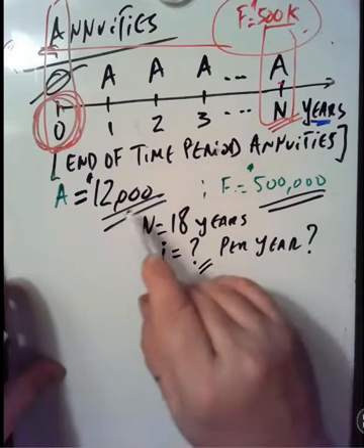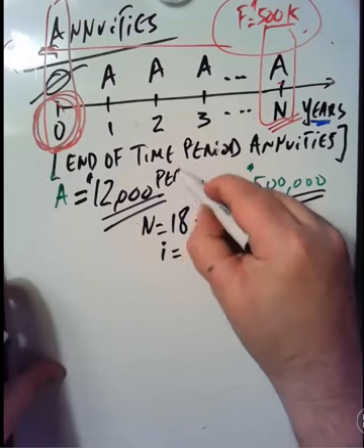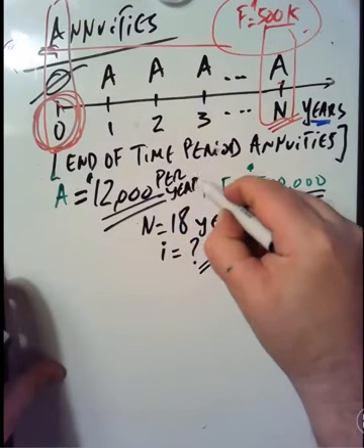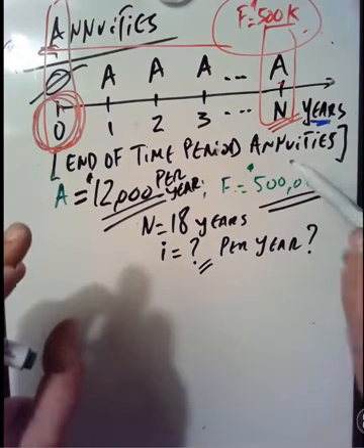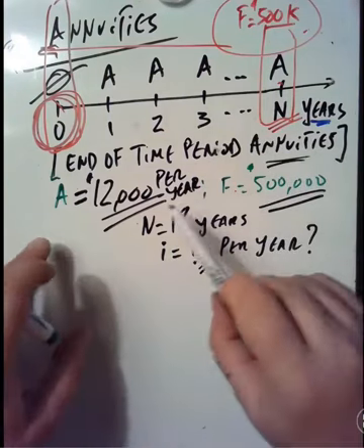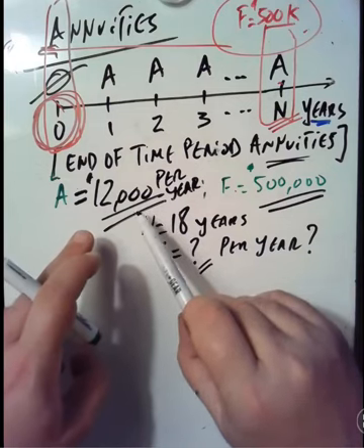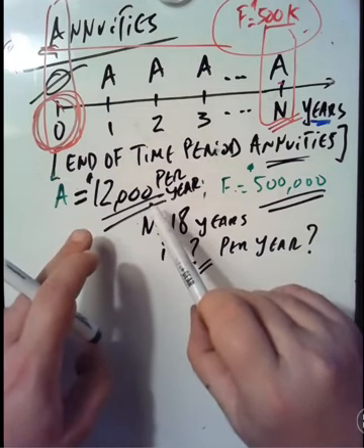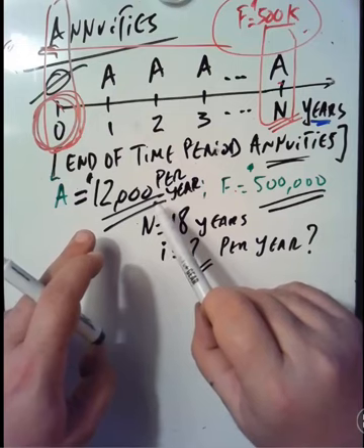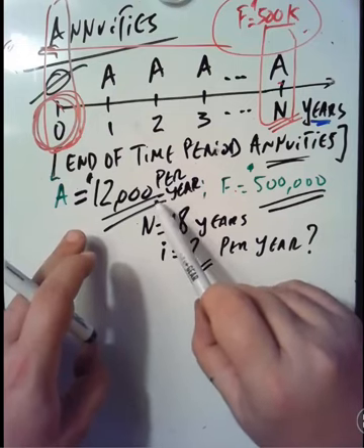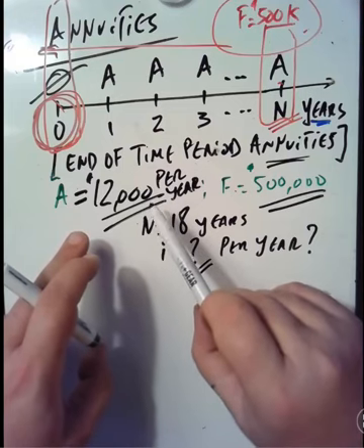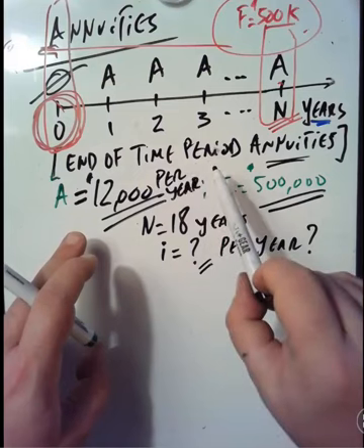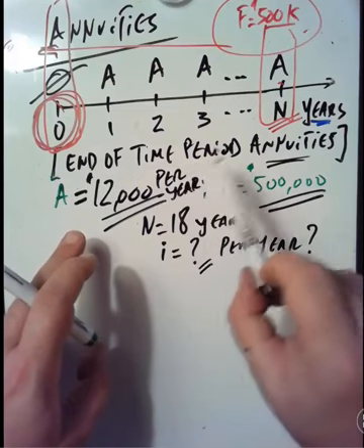Okay, 12,000 per year, annuity, right? Regular payment. Now, since we're talking about annuities, if this was $12,000 per month, we still would call it an annuity. Because annuity is not because it's annual. The definition is a constant uniform cash flow per time unit. The time unit is whatever.